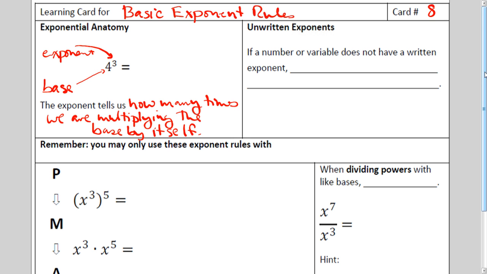So in this case, I've got 4 times 4 times 4. I've got 3 4s multiplied together. You multiply all that out, hey, it's 64.